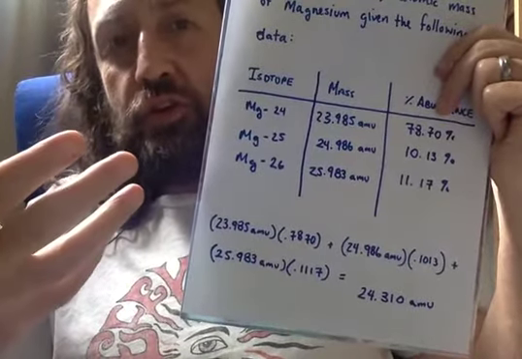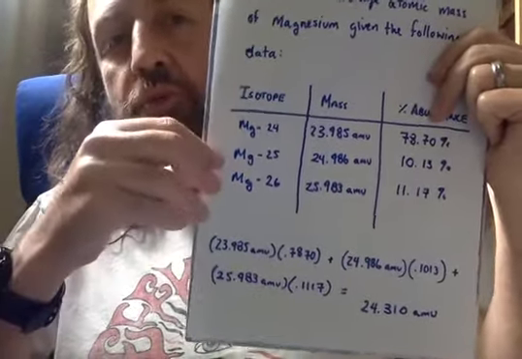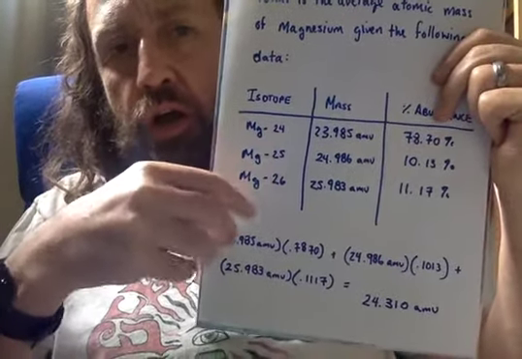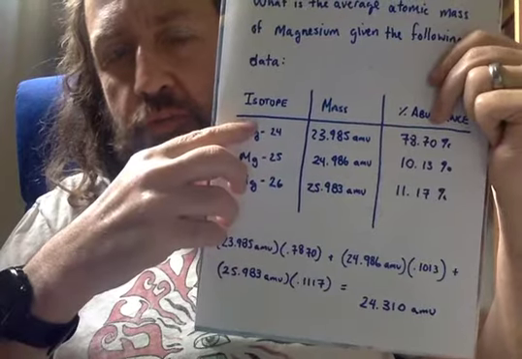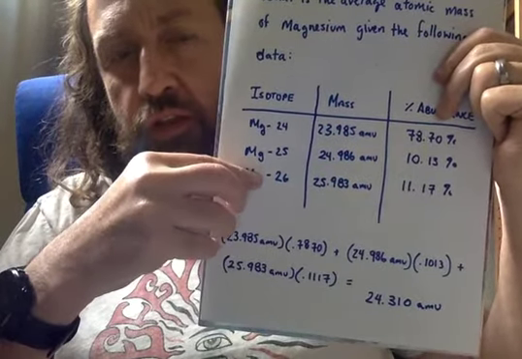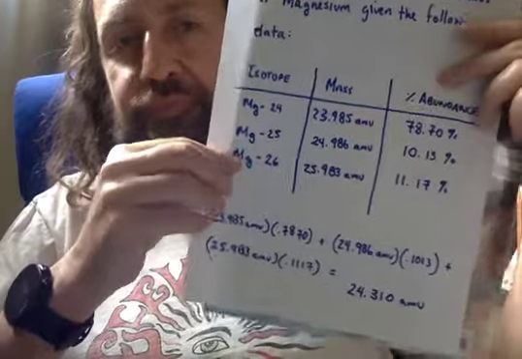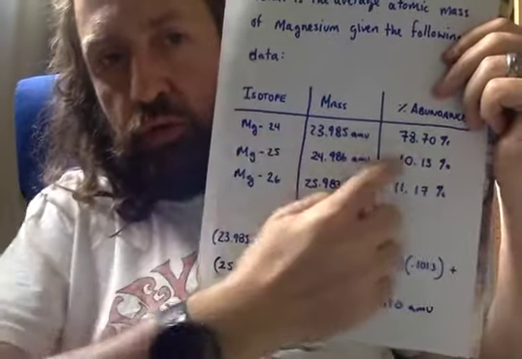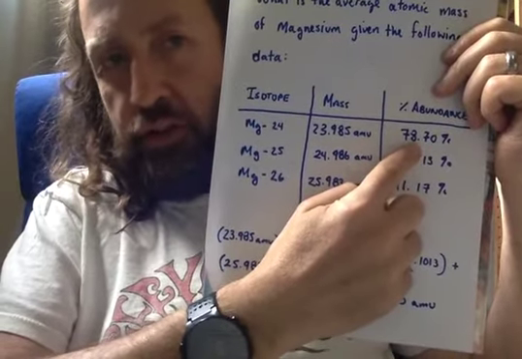And that's going to give you a huge answer. Okay, so just remember when you're doing these problems, very simple, and your answer should always be in between the smallest mass and the largest mass, okay? Now, the reason why this one is so close to 24 is because it had by far the highest percentage, okay?